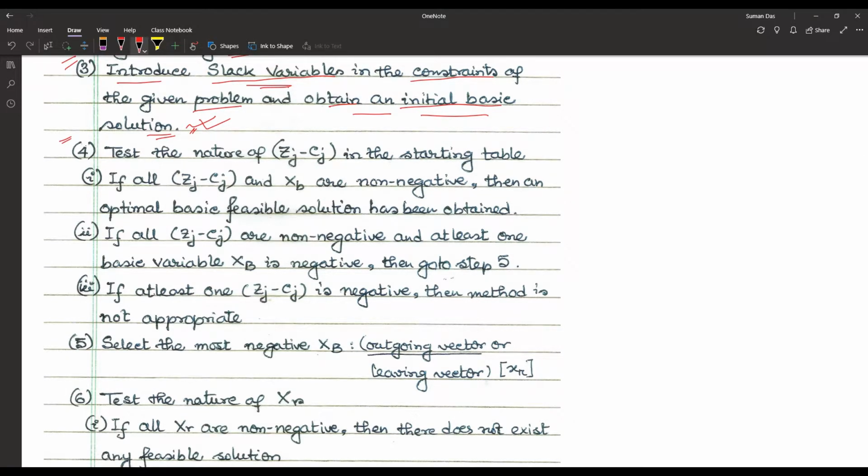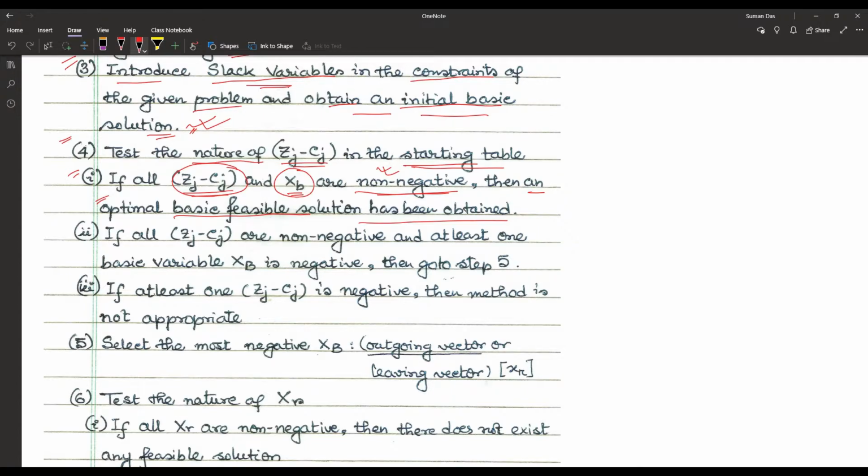Test the nature of Zj minus Cj in the starting table. Case number 1, if all Zj minus Cj and xb are non-negative, then an optimal basic feasible solution has been obtained. Once again, if all Zj minus Cj and xb are non-negative, that means positive.